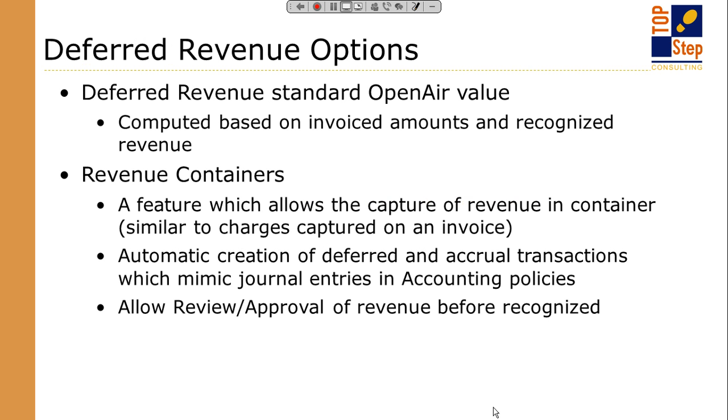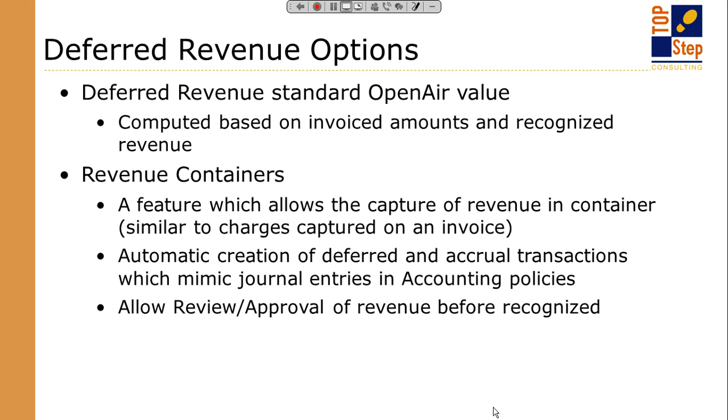Now, deferred revenue in the system, I said it automatically computes it based on invoicing and revenue amounts, but there is another feature that I'll touch on briefly called revenue containers. This was introduced back in 2011 and enhanced in 2012, as a way to track more transactions related to not only revenue but deferrals and accrual transactions, talking more in terms of accounting principles in OpenAir.